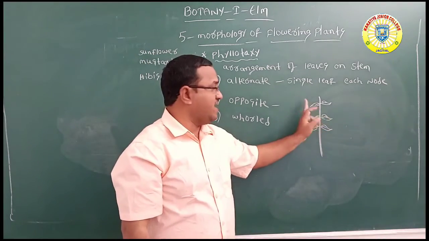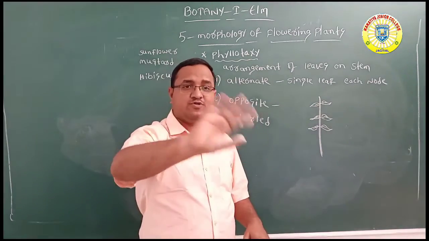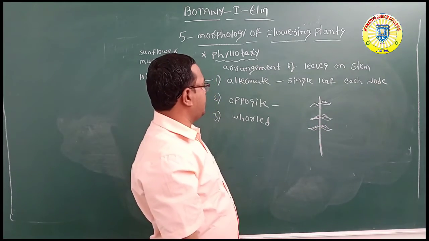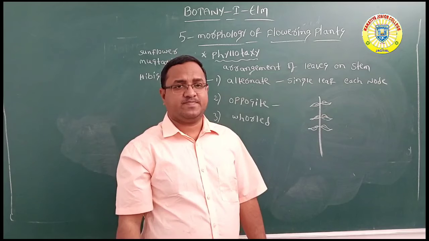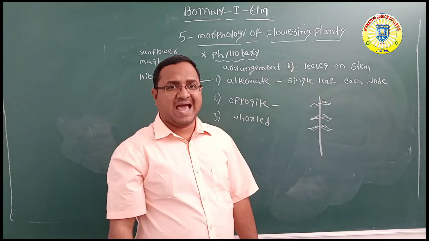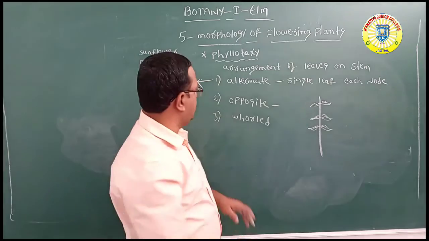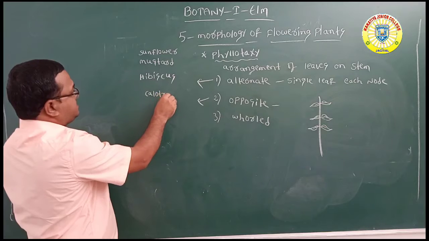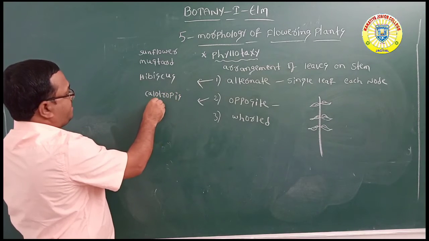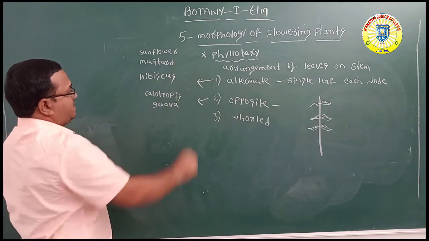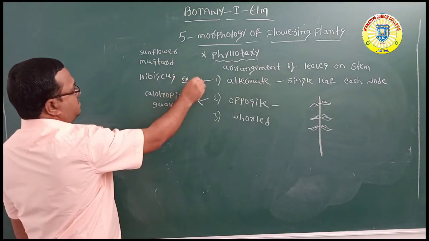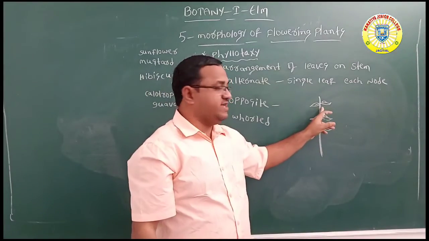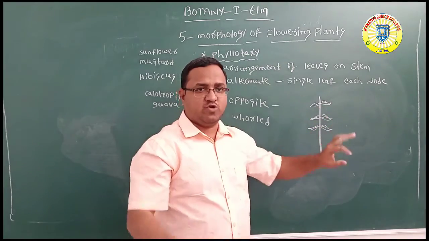Best examples: Calotropis and guava. Each node has two leaves, opposite to each other.